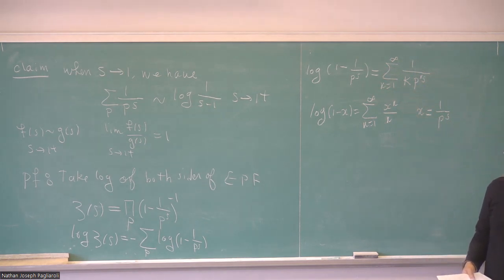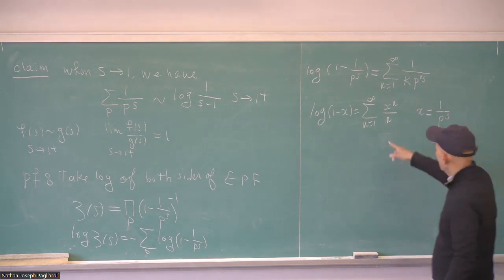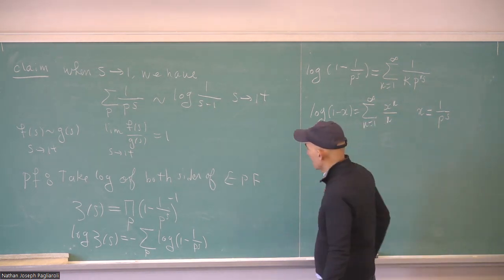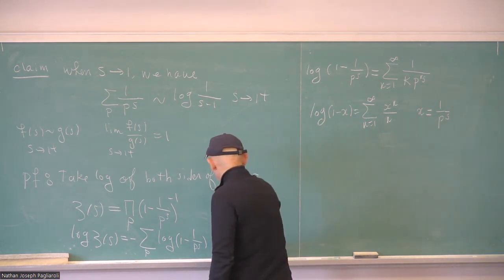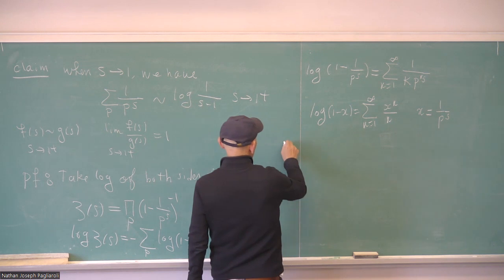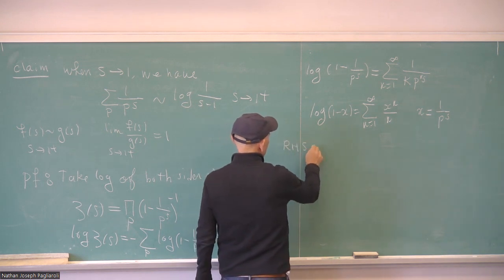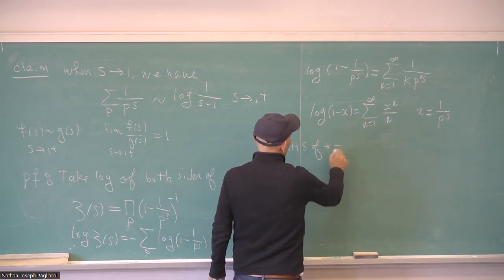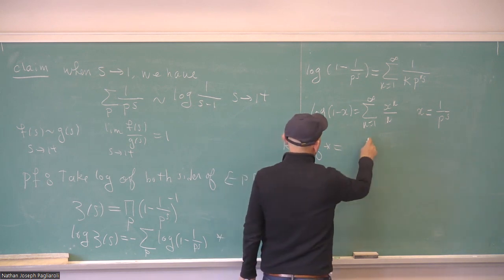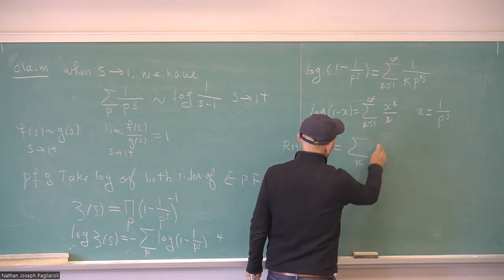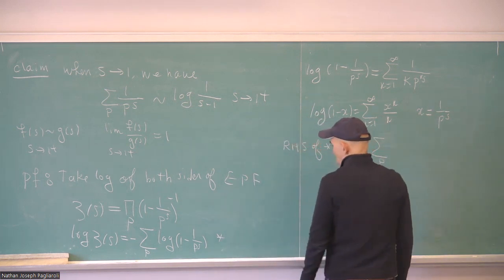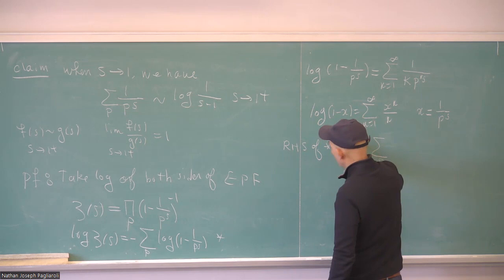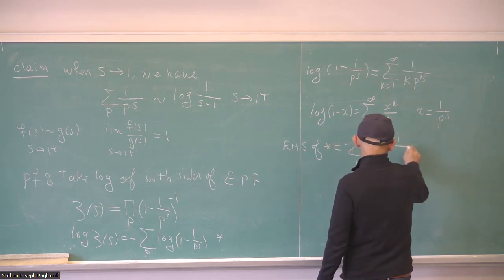Okay, so then you just add all those terms. So now the right hand side of the star equals the sum over k, sum over primes. There's a minus sign here, and then I've got 1 over k p to the ks.